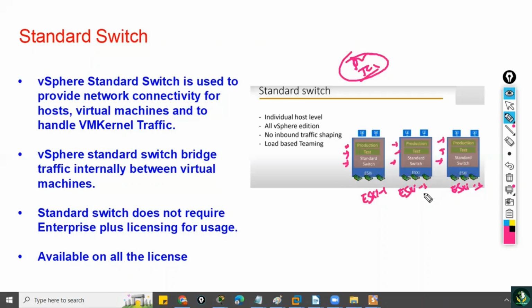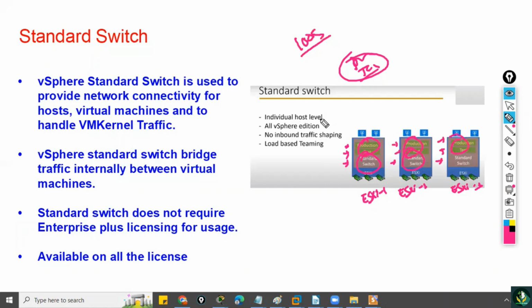So here we have three ESXi hosts, we can manage them. But in real networks, you will have hundreds of ESXi hosts. And if you are dealing with standard switches, you will have to access these standard switches individually and then do the configuration. Here we have taken the example of creating port groups.